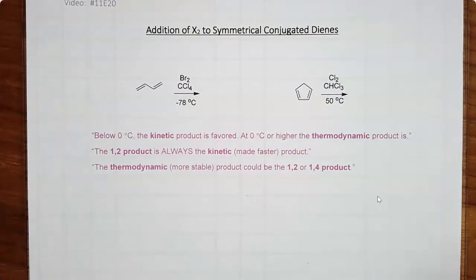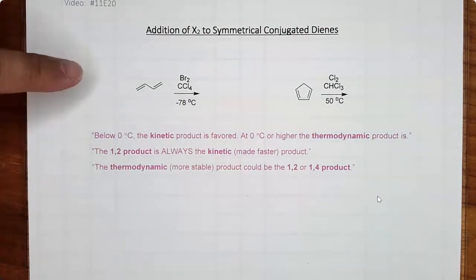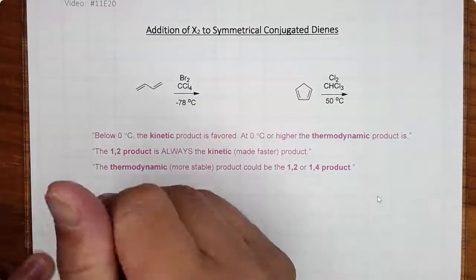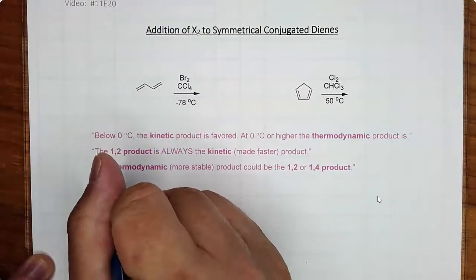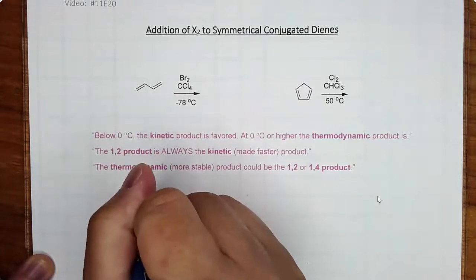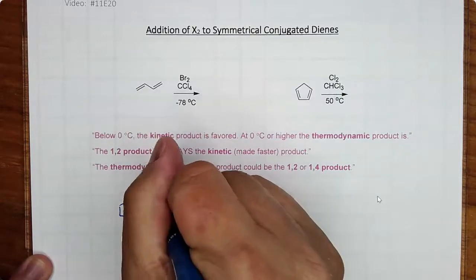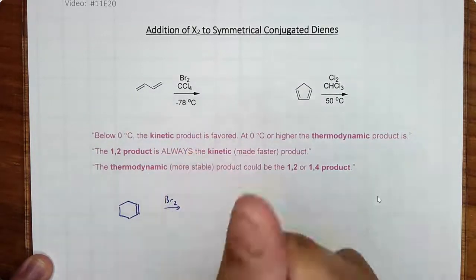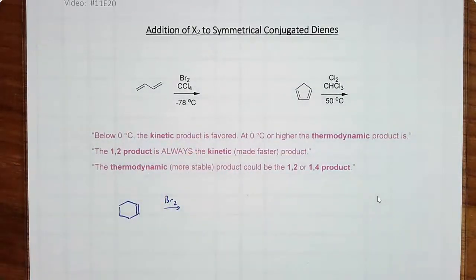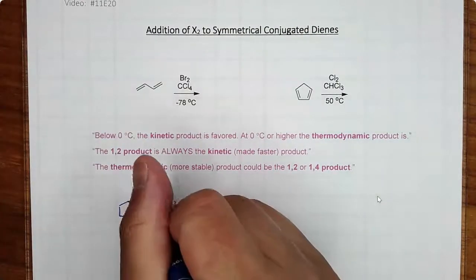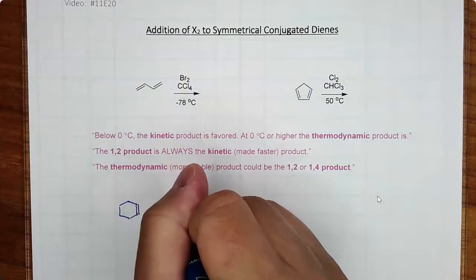But let's focus on this, and let's take our first reaction. Actually, let me remind you what happens if we only have one double bond. For instance, if I have this alkene, and I'll make it cyclic, when you add Br2, from Organic Chemistry 1 when we learned about alkenes, we give a chlorinated solvent, CCl4.